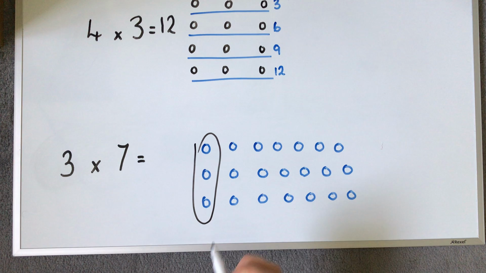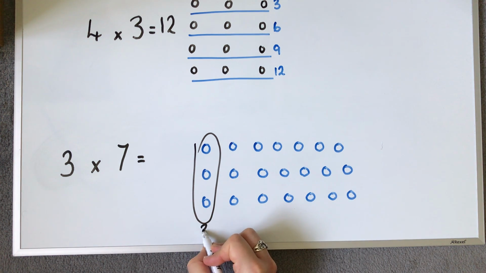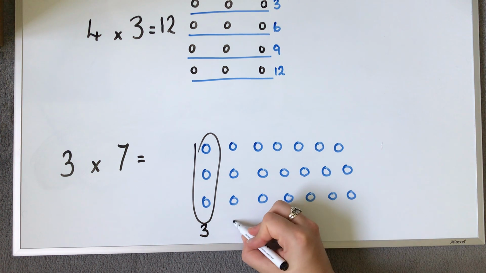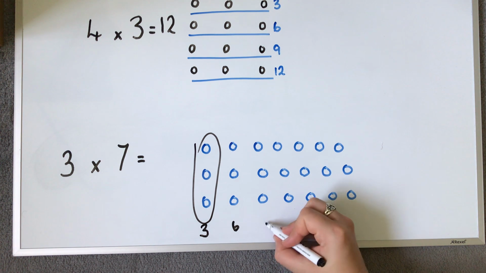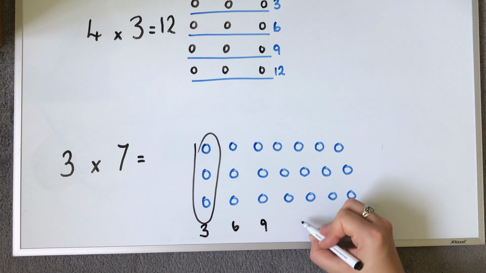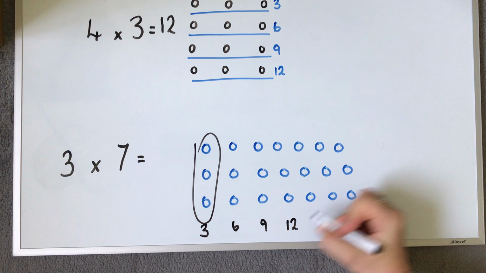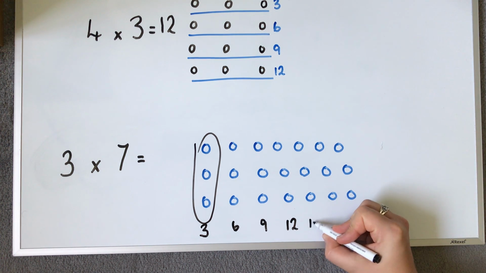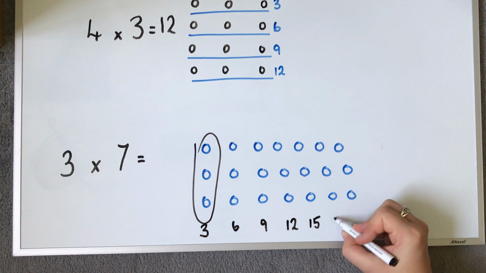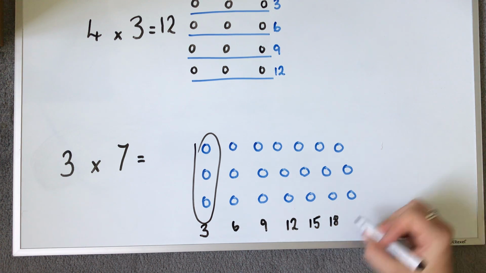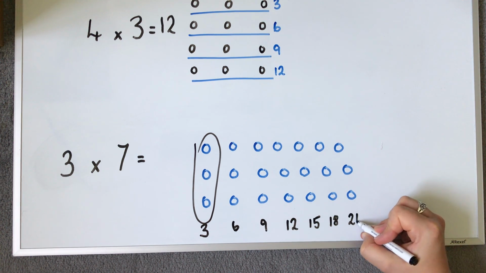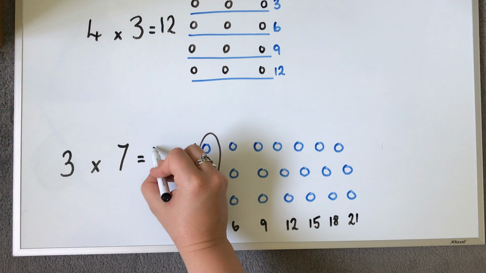So let's give it a go. Here we've got 3, 6, 9, 12, 15, 18, and our final one gives us 21.